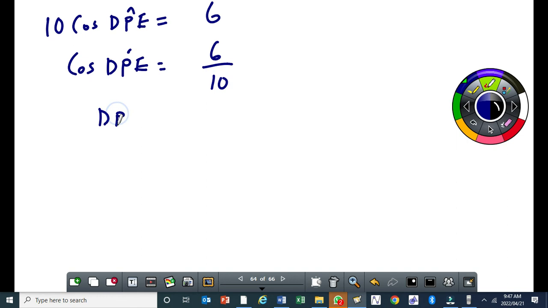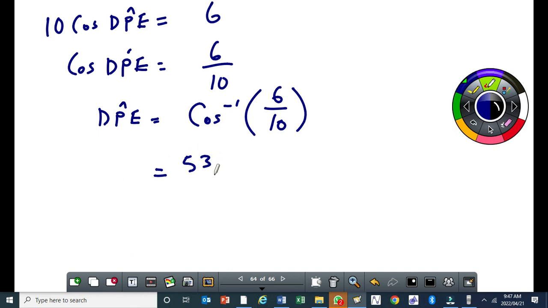Then GPE will be equal to shift cosine of 6 over 10. Okay? What answer do you get there? 53,1. So you get 53, please don't round it off yet. 53,13 dot dot. That's GPE.